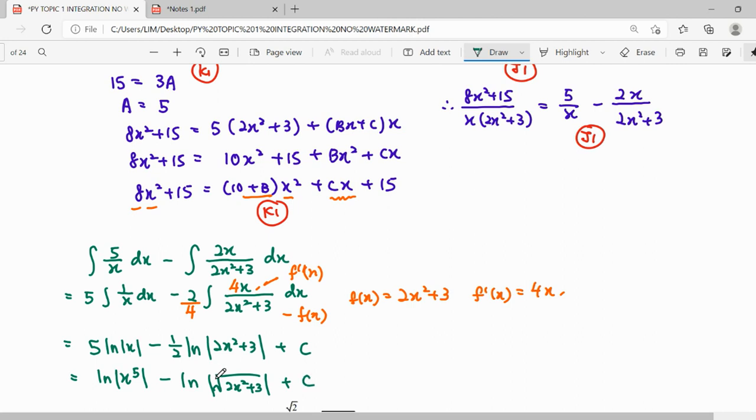So when ln minus ln, we can simplify. It will be divide, which is x to the power 5 divided by square root of 2x squared plus 3. So this is how we simplify ln minus ln. We just make sure this function is positive, so that's why we maintain this symbol of modulus.